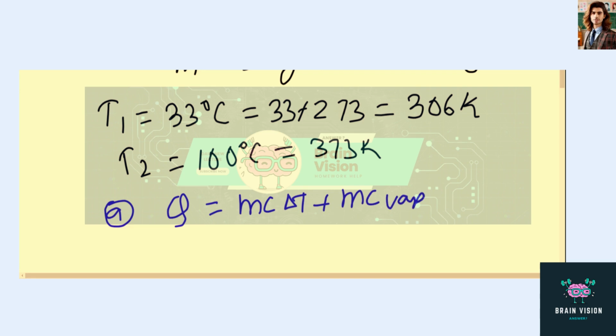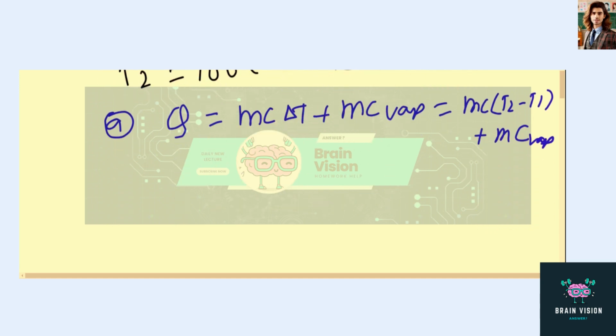This is energy, and this will become mc into delta T, where delta T is T2 minus T1, plus m C vaporization, where m is the mass, c is the specific heat capacity of water, and C vaporization is the heat of vaporization of water. So this basically becomes Q, which is nothing but mass, which is given, 2 into 10 to the power minus 9 into delta T, and delta T is 373 minus 306.